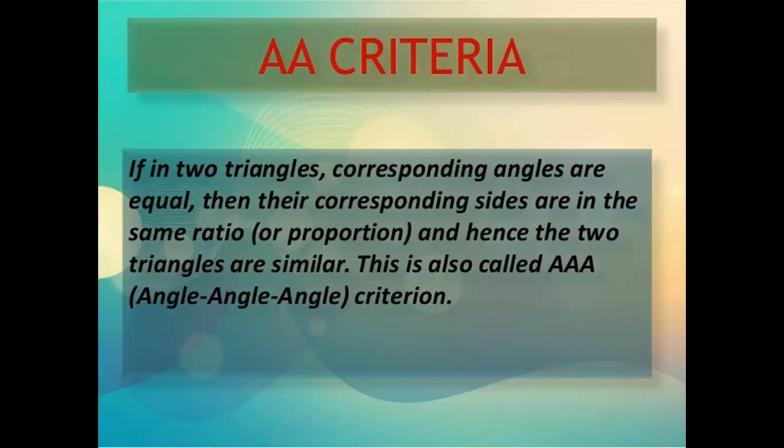This is also called the AAA angle criterion. So as we have said, if the angles of the triangles are equal or corresponding, then they are what we call similar triangles.